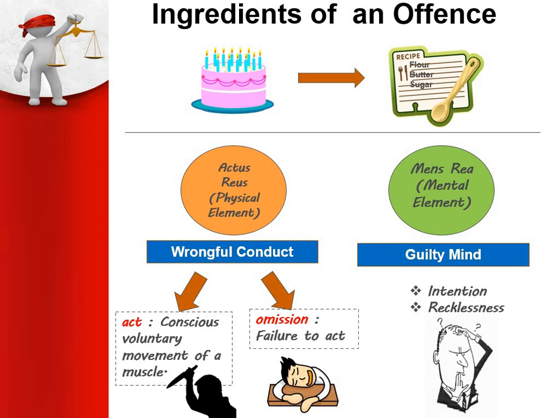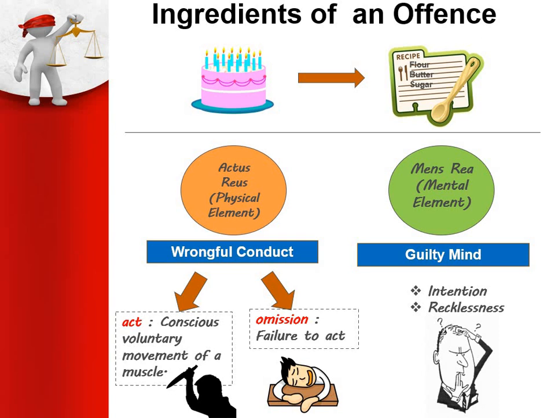Now, the mens rea is a reference to the guilty mind of the defendant. Now, this may be denoted by certain mens rea elements such as intention or recklessness. Now, I'm sure you would have heard of people saying, I feel like killing that person. Now, that would be a reference to the mens rea or the guilty mind.